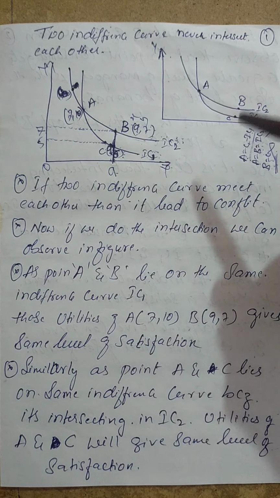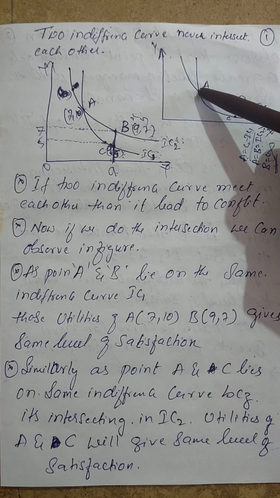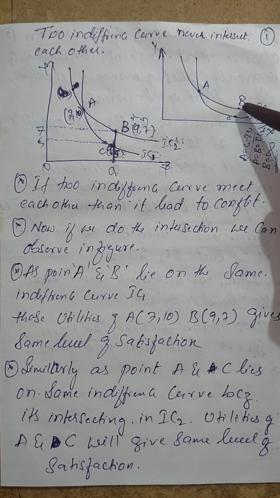Why? What is the reason? So let us see by intersecting them. When we intersect, it becomes one particular point for both curves IC1 and IC2. A is the point of joining, and B is lying on indifference curve 2 and C is lying on indifference curve 1.